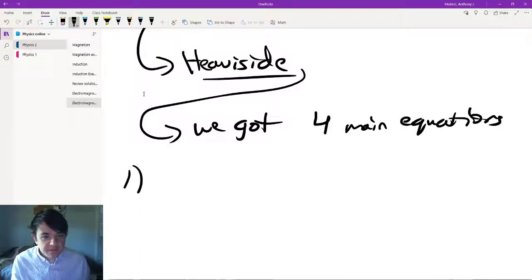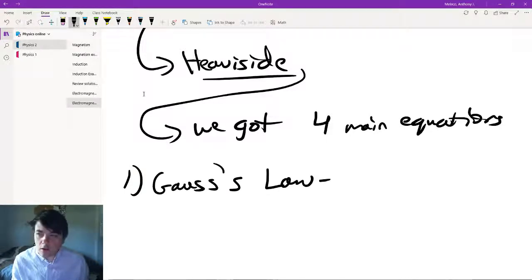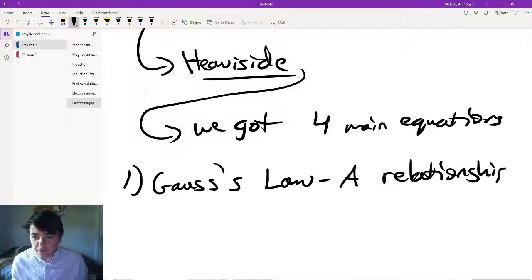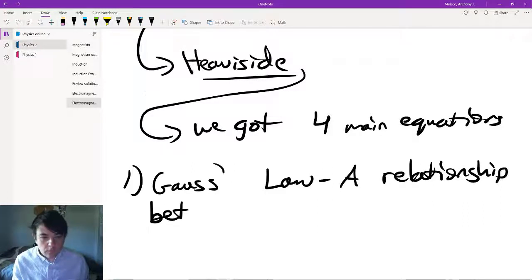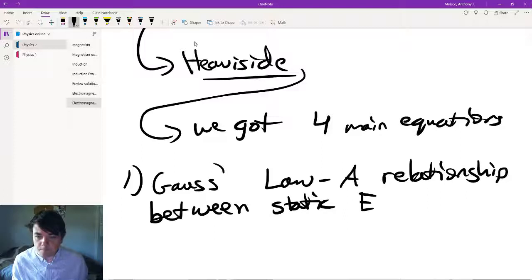And like I said at the start, we've been talking about these as we've been talking about the various parts of physics. If you remember the very first thing we did in physics 2, we talked about static charges and the electric field that you could get from that.